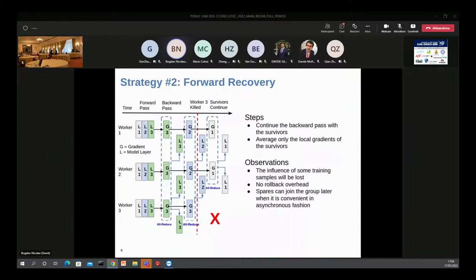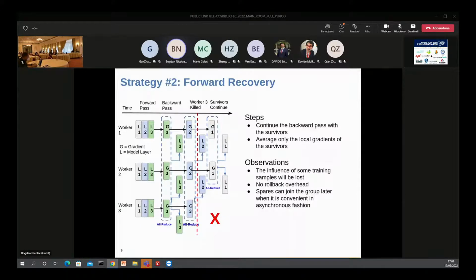So the other strategy that we proposed is forward recovery. And in this case, we don't initialize any spare workers to complete the group of workers that is part of the data parallel training. We simply continue with the survivors. And in this case, then we average the gradients just among the survivors.